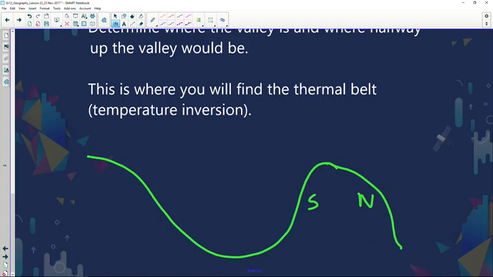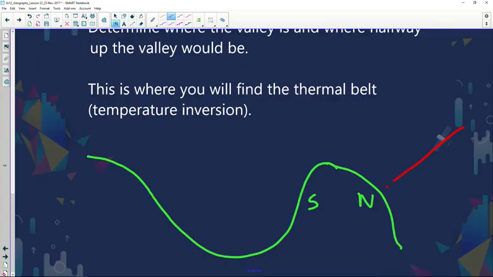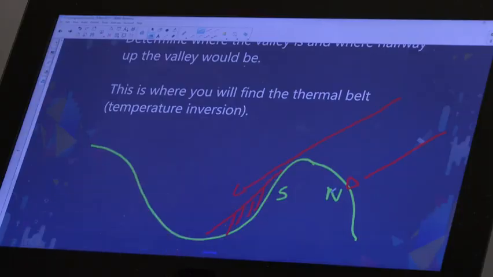The north-facing slope is facing towards the equator, and it receives more insolation, more concentrated and more direct. Our south-facing slopes are more oblique. As you can see, it's cast in the shadow, so it won't experience as warm temperatures as the north-facing slopes.